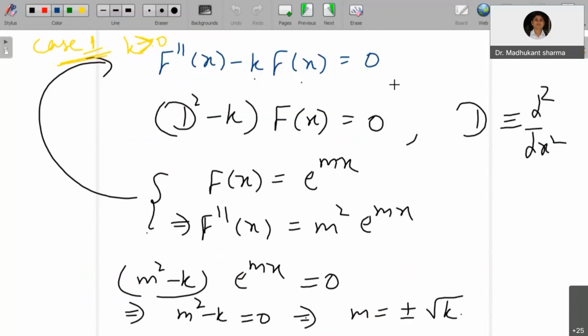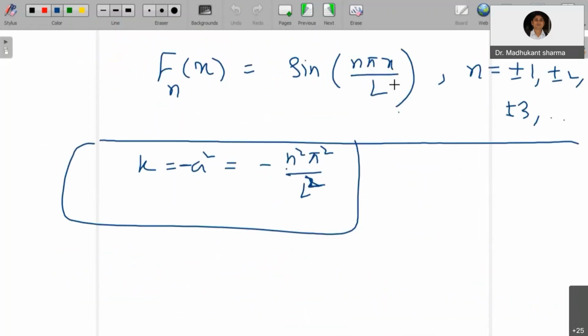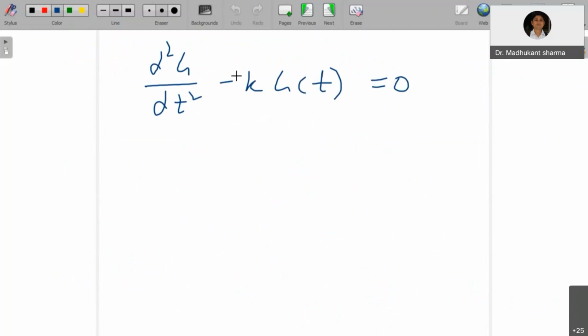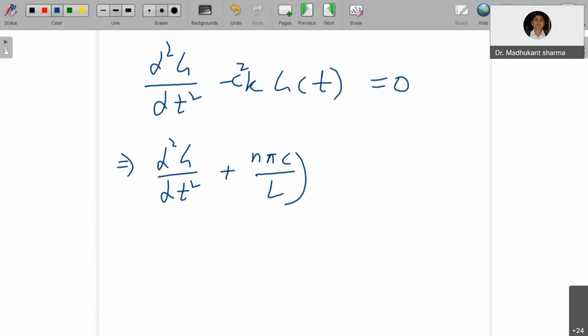So now since k is minus a square, this equals d square g by dt square plus a square c square, so you have n pi c by L whole square, times g of t equals 0.